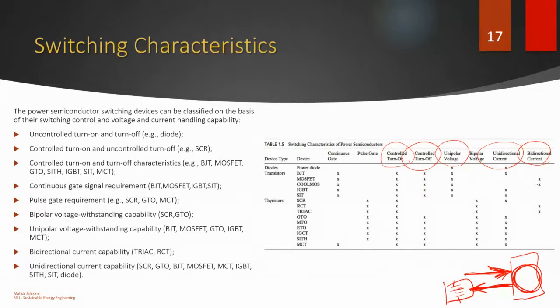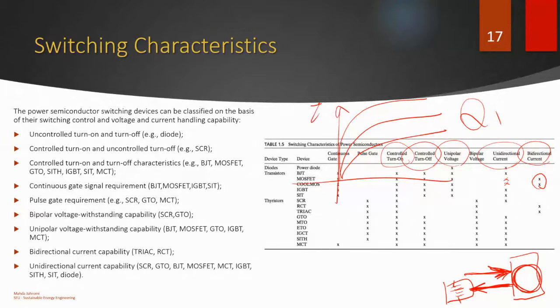And I think these two are mistaken, are typos. So these two should be here. Because MOSFETs and CoolMOSes don't have bidirectional current. If you remember all of the characteristics that we looked at for MOSFETs or for FETs, the I, VDS characteristics were all in the first quadrant.